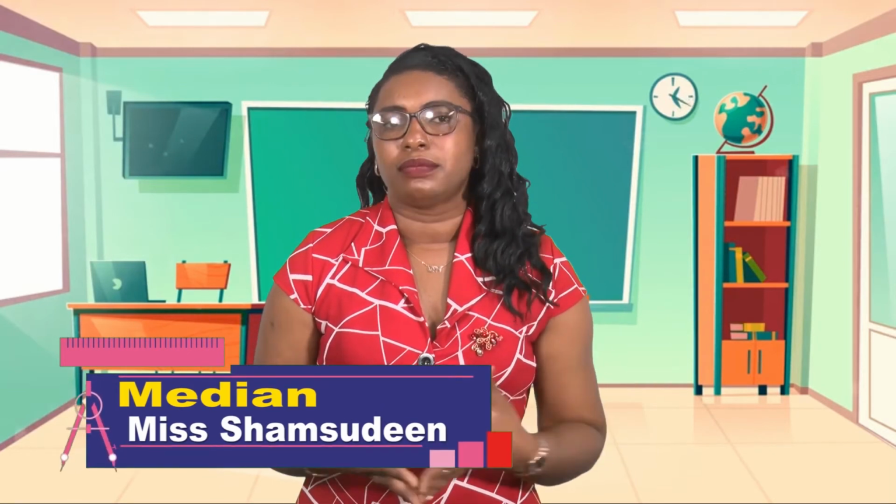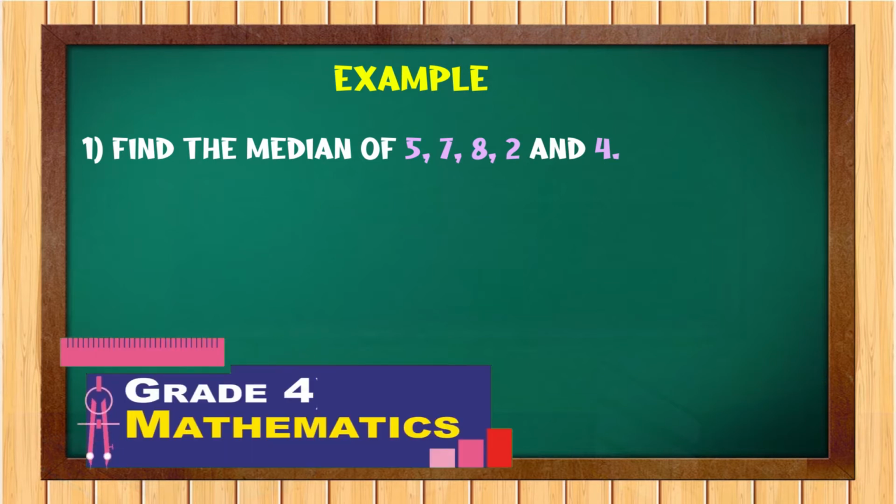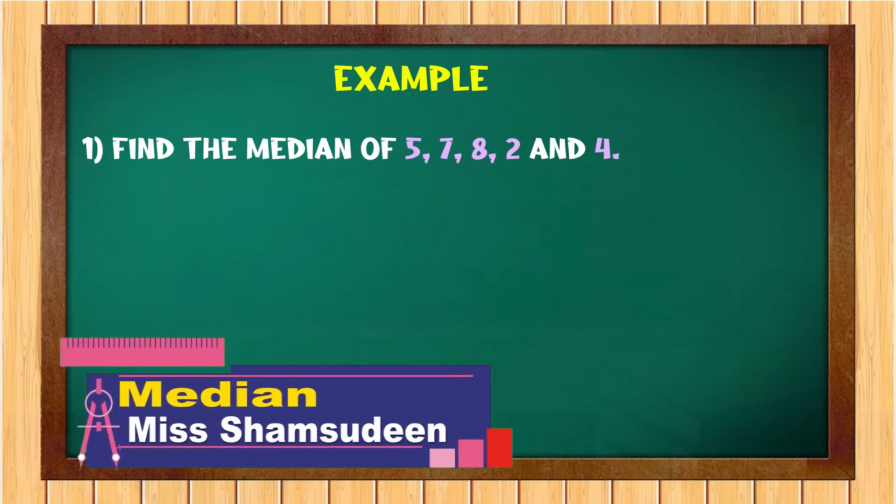So let's do that. Here I have example 1. We are going to be finding the median of 5, 7, 8, 2, and 4. So what do we do in order to find the median?